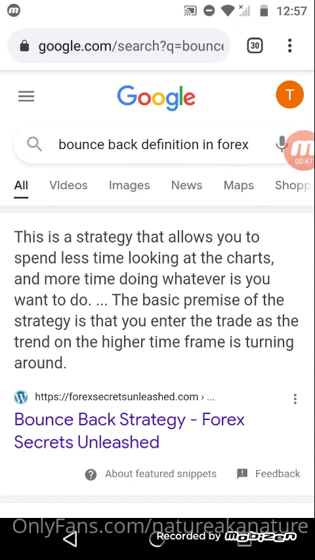I'm going to show you guys what to do on the charts, but it's also important that we understand the information so you know what you're doing. You don't just hop on a live account because you feel like you know what you're doing from being on a demo account or trading for a while. There's still a lot of information you don't know.